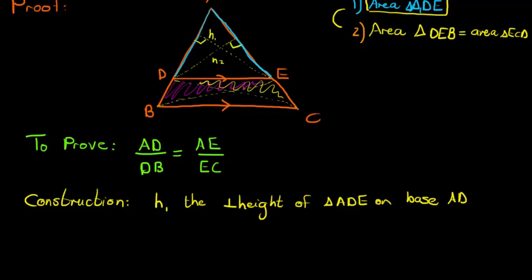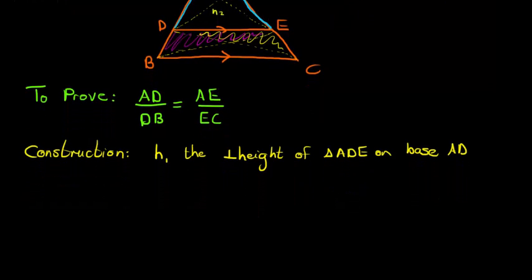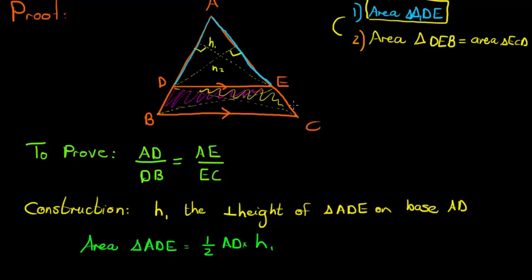Actually, before we go into all the constructions, what I think will make it easy is if we do the construction and then do a statement. So we're going to say area of triangle ADE is equal to half the base, now using base AD, half AD times H1, which we said was the perpendicular height.